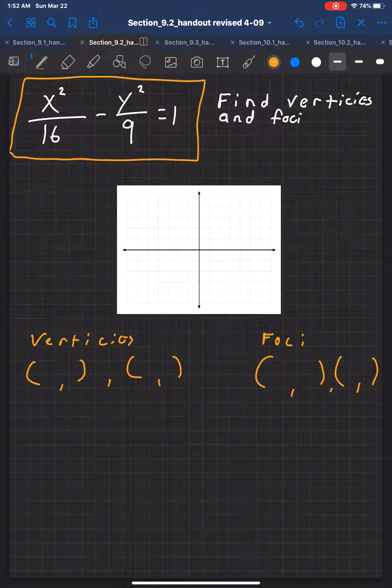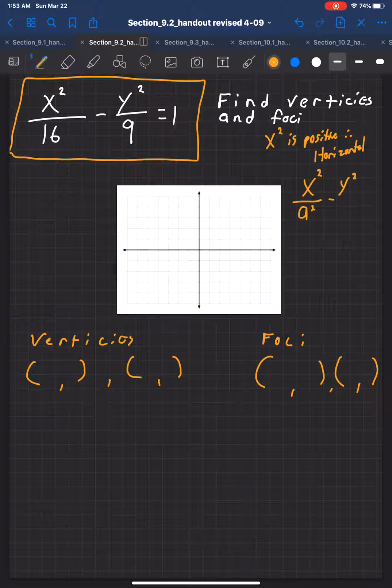So in this case, we have the x squared is positive. Therefore, this is horizontal. And what I'm going to do right now is write the generic form of the horizontal hyperbola. So this would be x squared over a squared minus y squared over b squared is equal to 1.